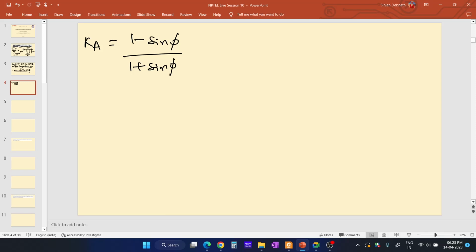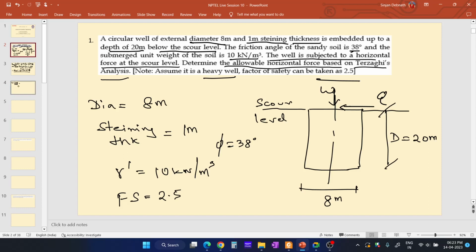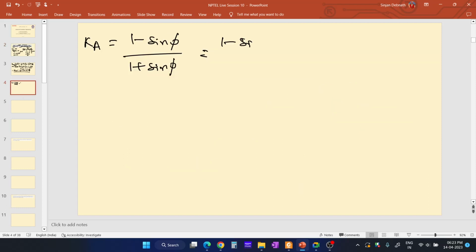Now let me get back to the problem. Ka is 1 minus sine 38 degrees by 1 plus sine 38 degrees. After solving this, the value of Ka comes out to be 0.24.